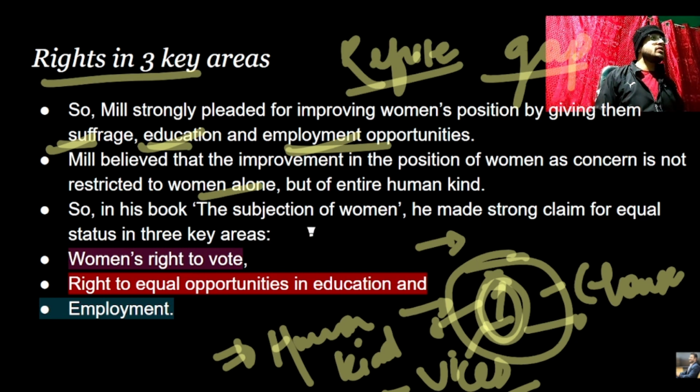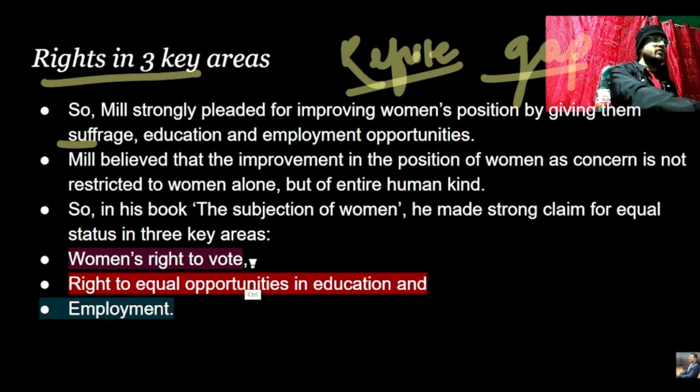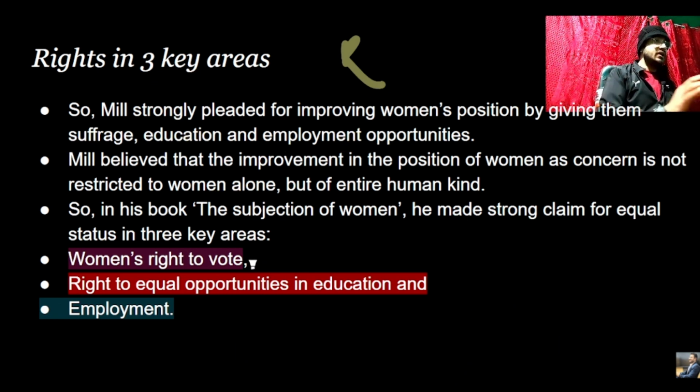So in his book The Subjection of Women, he made a strong claim for equal status in three key areas, right? He is saying there should be three key areas where men and women should be given equal status, or equal opportunity. What are the three areas? The first is women's right to vote, right?